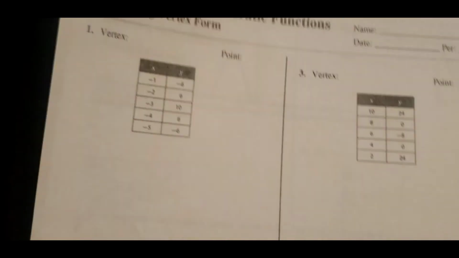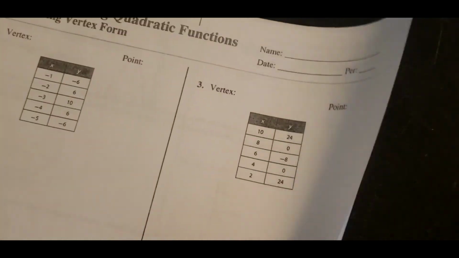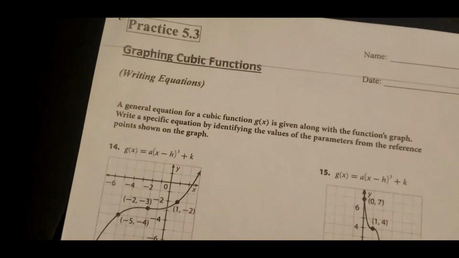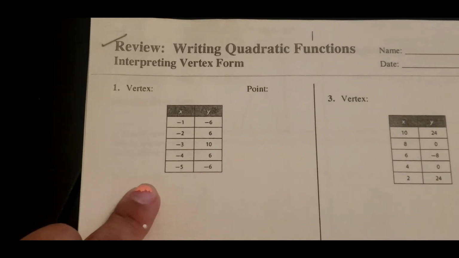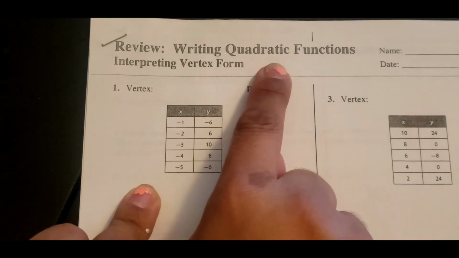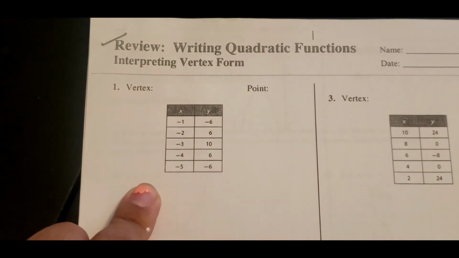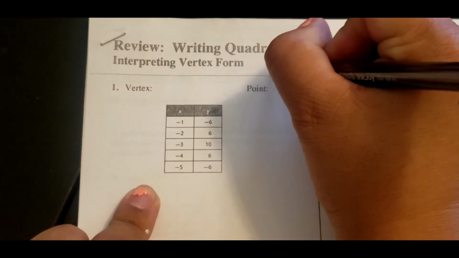This is actually your homework assignment. The first page is quadratics. The second page is actually cubic. So I'm going to do a quadratic with you, and I'm going to do number 1 with you. Again, it says quadratic, okay? And your quadratic function basically looks the same if you recall.